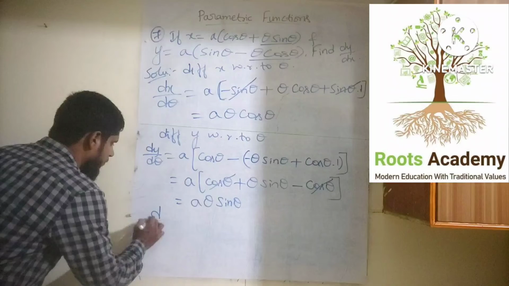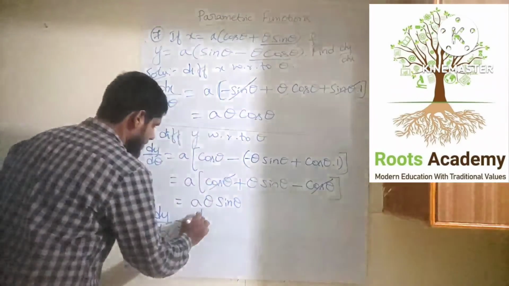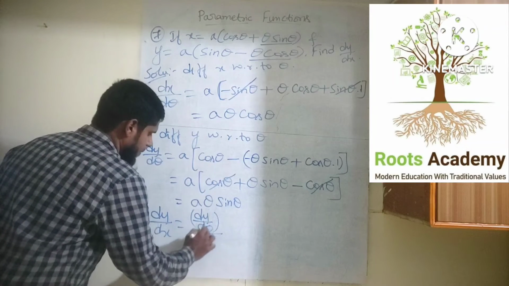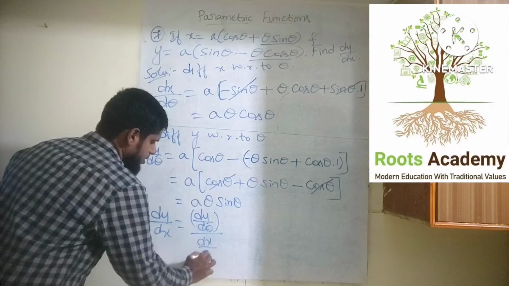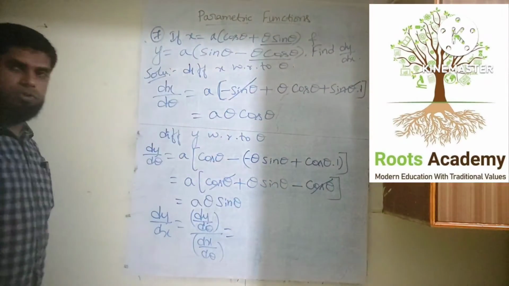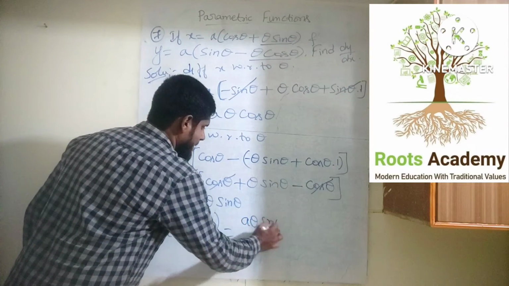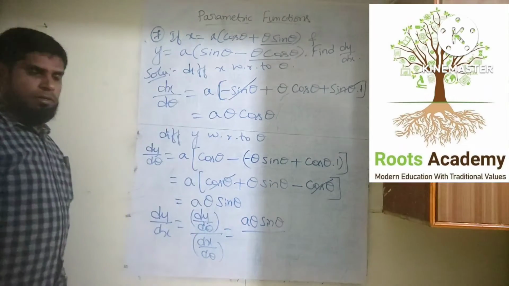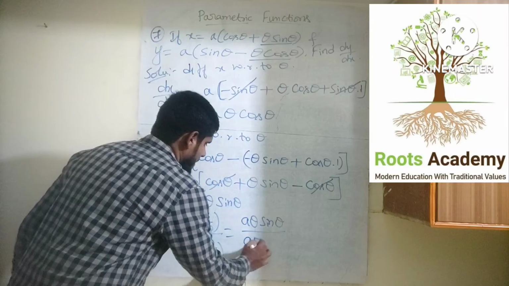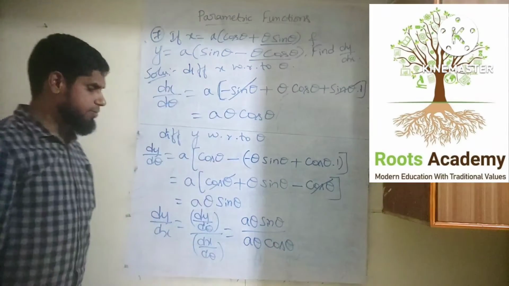Then our final dy by dx is dy by d theta divided by dx by d theta. So this is equal to a theta sin theta divided by a theta cos theta.